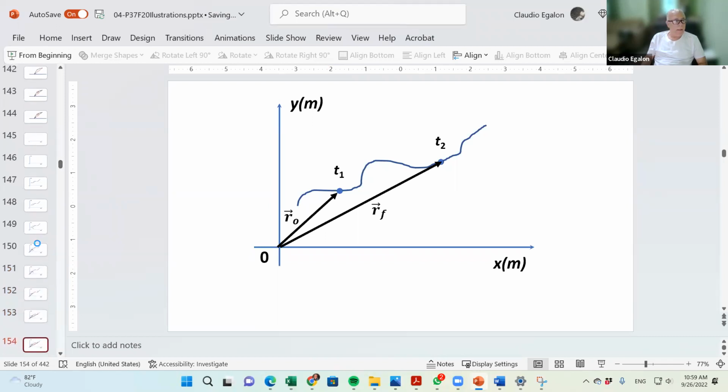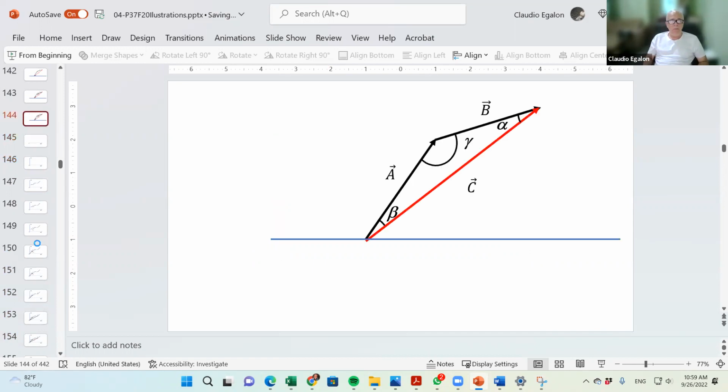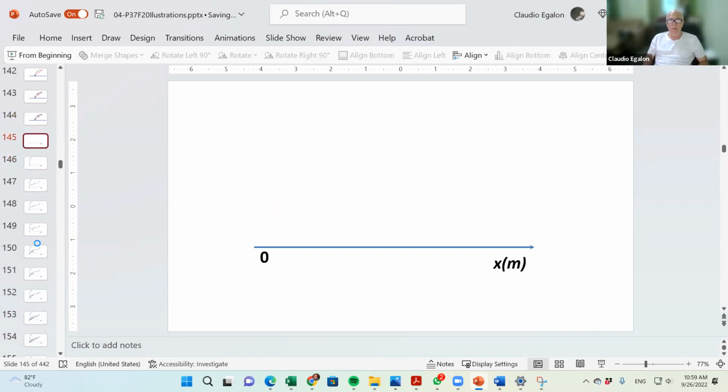Let's play the movie again. Here you go. In order for you to understand displacement in two dimensions, you have to go through this exercise to visualize it. We start with the x-axis. We add the y-axis because it's two-dimensional motion, and then we illustrate a generic path along the x-y axes, a curve like that.